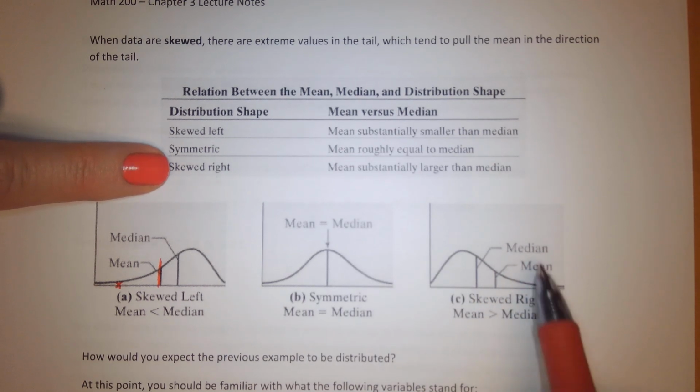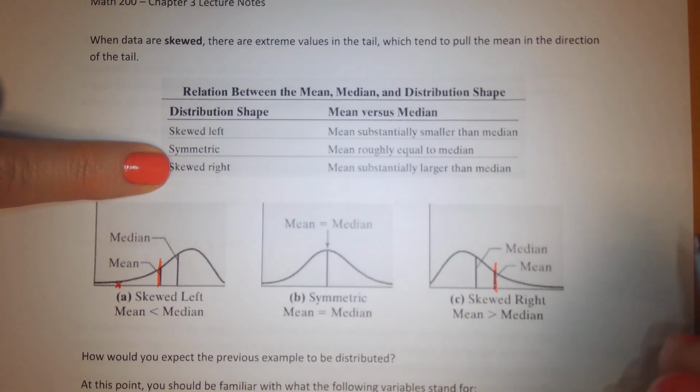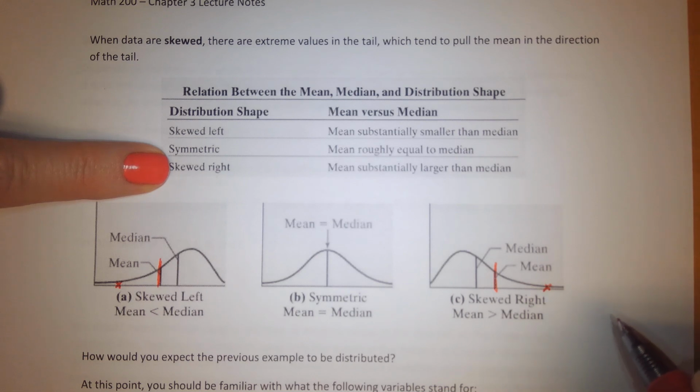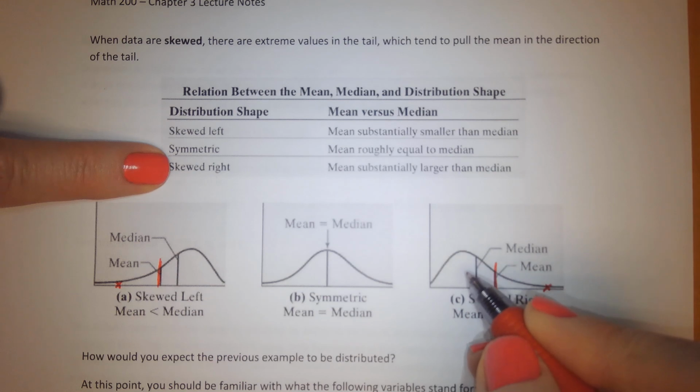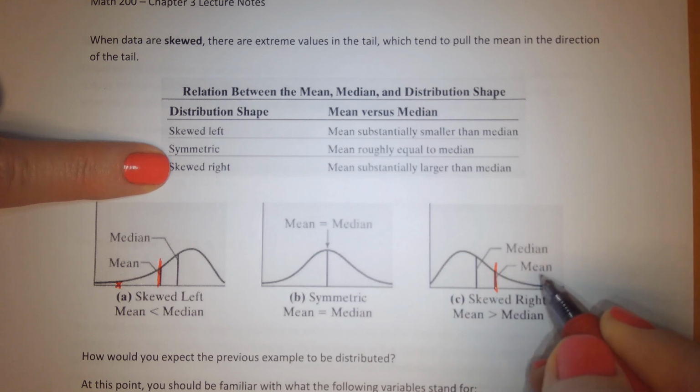In a skewed right graph, the mean is going to be in the tail off to the right. You're going to have an extreme value that's really high, and it's going to pull the median away from the mode slightly, but it's going to pull the median, and the mean, farther into the tail because of that extreme value. The mean is not as resistant as the median.